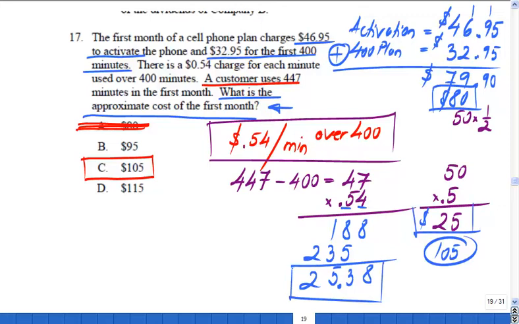And it looks like we were right. We get $25.38, which is approximately 25, and which, if you add to the $80, your first month charges for the plan and for the activation, C would be the best answer. And this is how you solve this problem, by following all these steps.